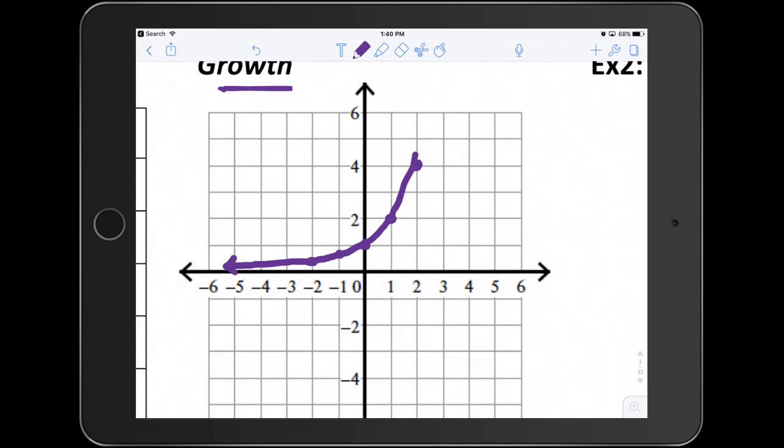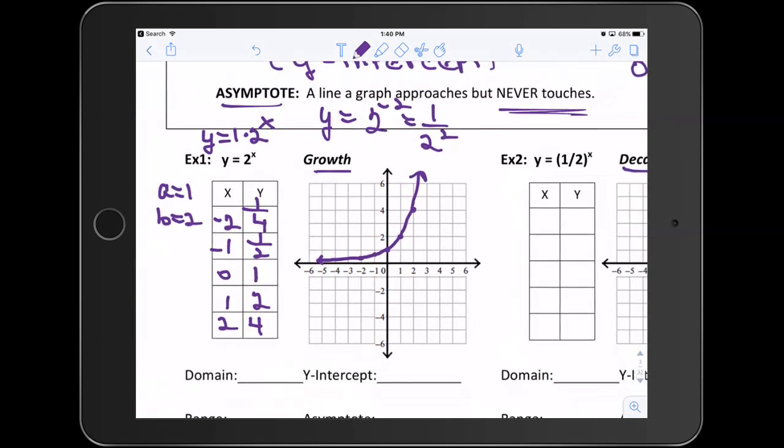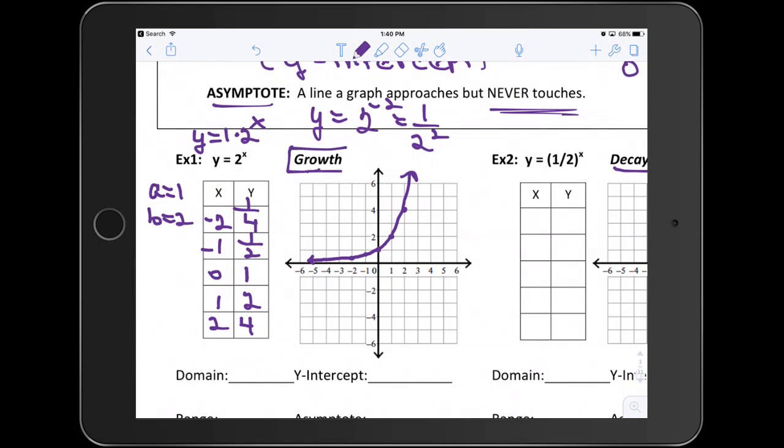And then as you can see, it's exponentially growing very quickly as it moves through that y-intercept. So this here is a great example of exponential growth with a growth factor of 2, which is really 200%, or you're increasing 100% each time.